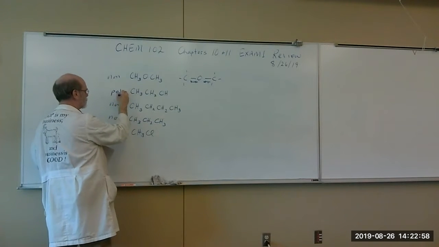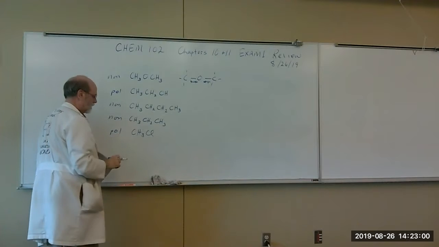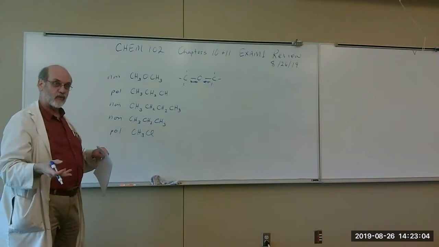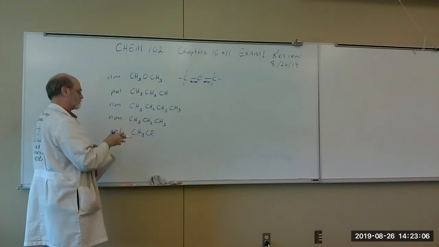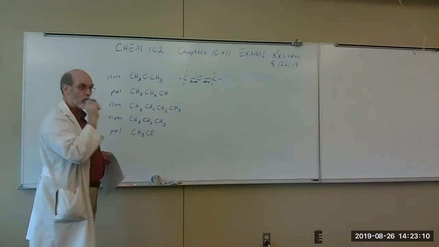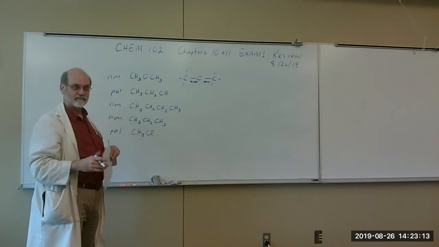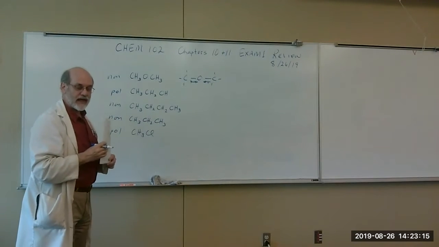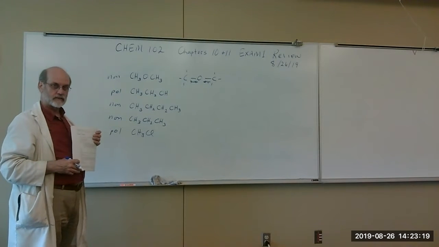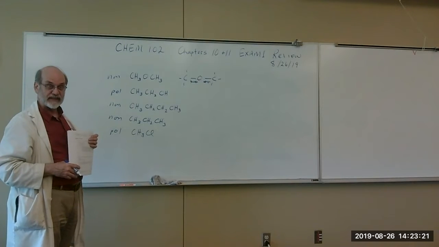So we have polar and polar. Now we have to decide, if we're going to say which one is the highest melting point, which one is more polar. You can have a dipole-dipole interaction, but which is the strongest of the dipoles? Hydrogen bonding.